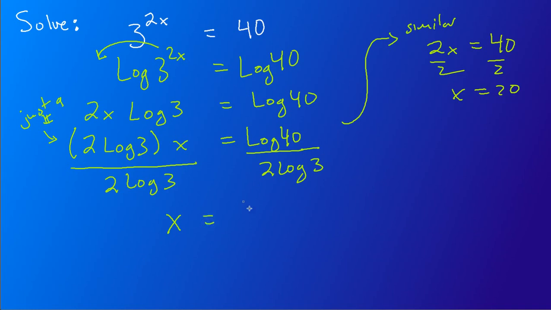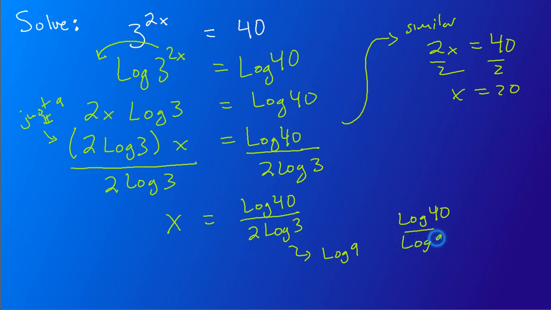So I get x equals exactly whatever log 40 over 2 log 3 is. Now, just as a note, you could rewrite this as log 9. And you could say, all right, I have log 40 over log 9, which is the change of base for log base 9 of 40.